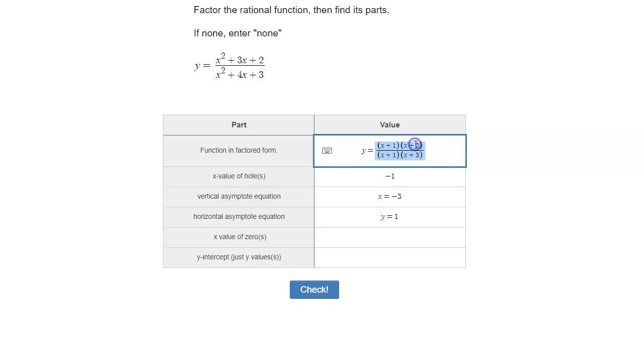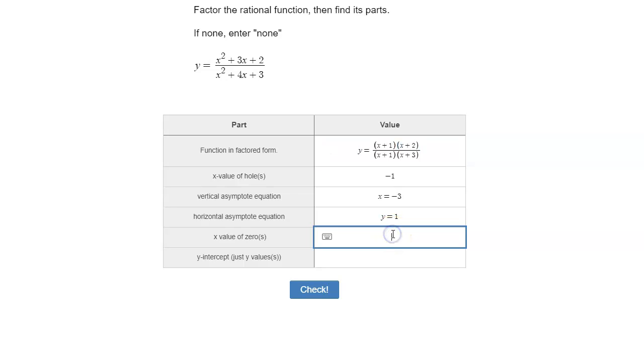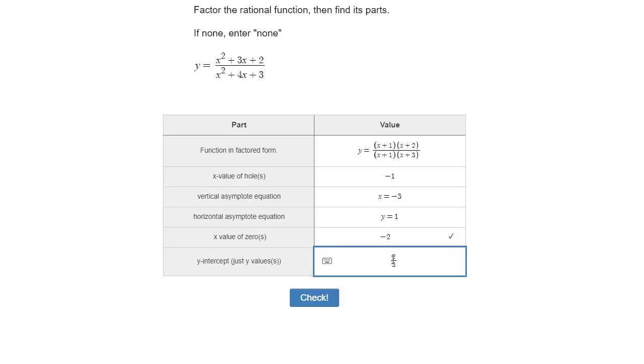So your zeros are your factors only in the numerator when they are equal to 0. And so in that case, this is -2. And so you write it just as the value, right? Not as the point. Okay. And then just your y value of the y-intercept. So what you do here is you plug in x is equal to 0 into your equation. And in this case, you're going to get 2/3.